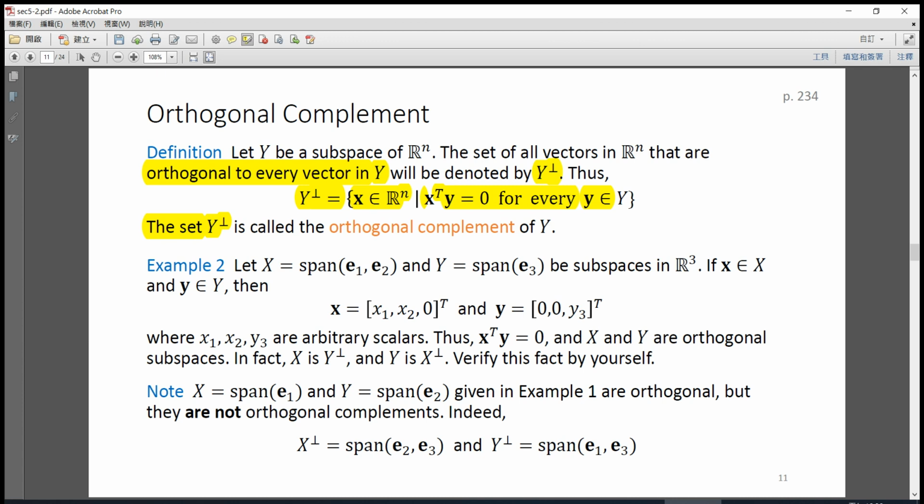We will use example 2 to illustrate orthogonal complement. Let X be the span of e1, e2, which is the xy plane in R3, and let Y be the span of e3, which is the z-axis in R3. If x belongs to the xy plane, then x can be written as x1, x2, 0, where x1 and x2 are arbitrary scalars.